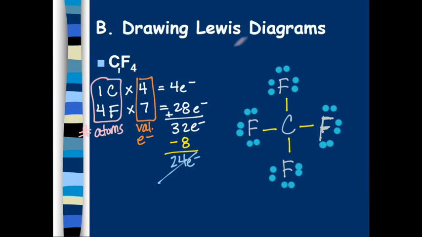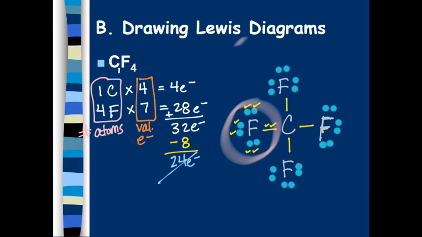Now when you look around fluorine, I count, and let me just check mark them for you as I count: 1, 2, 3, 4, 5, 6, 7, 8, because that dash represents 2 electrons. So there are 8 electrons around fluorine. If you go look at the other fluorines, you will also see 8 for each one.